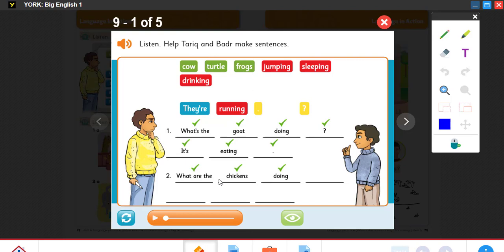Yes, correct. It's a question. And the answer will be: they're running. Correct. Excellent. And is it a question or a sentence? This is the answer of this question, so it should be a sentence. Thanks. And now let's move to the next question.